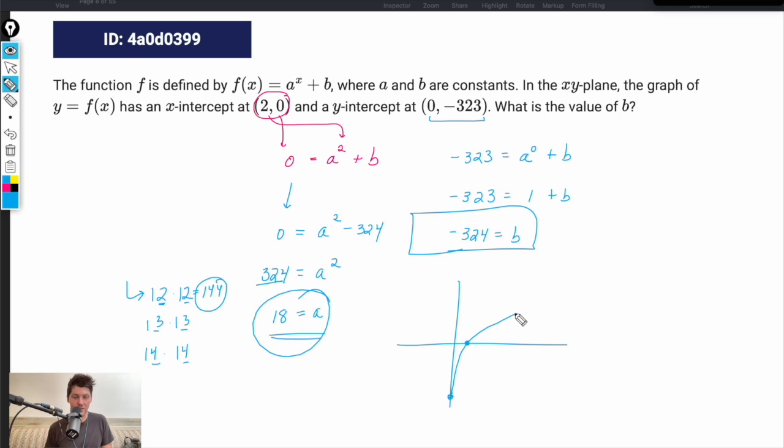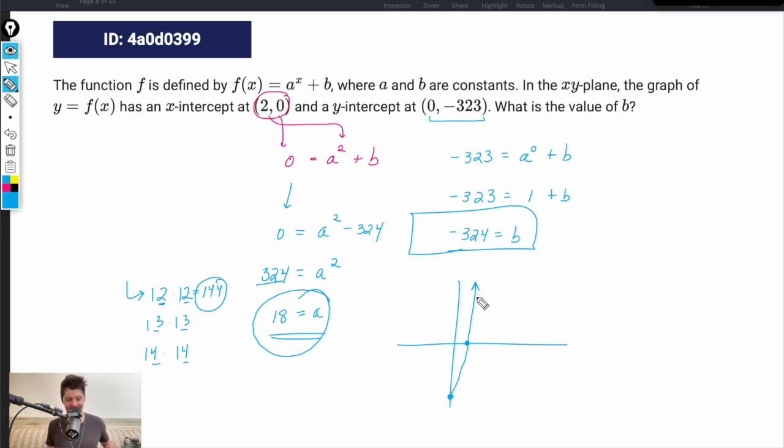So our graph's going to do this, I think. As x grows, I suppose it'll do like that. Okay, I believe we've got our answer here: B is negative 324. The rest of it didn't matter.